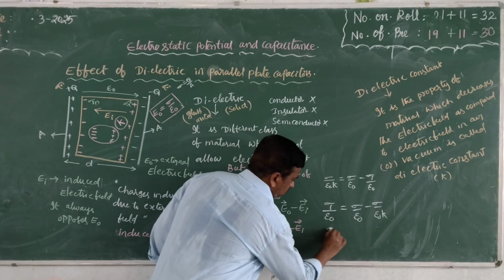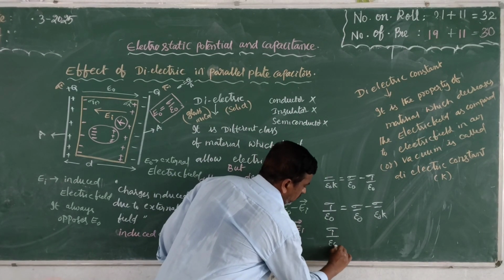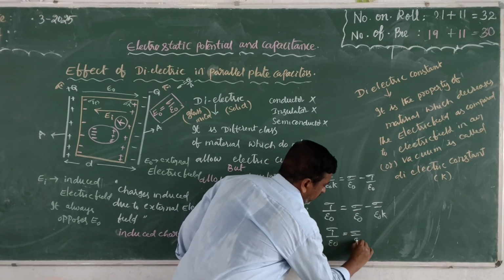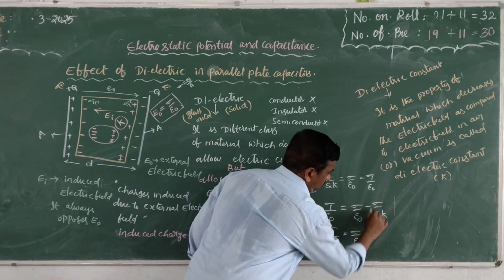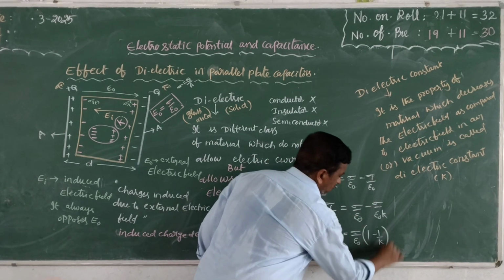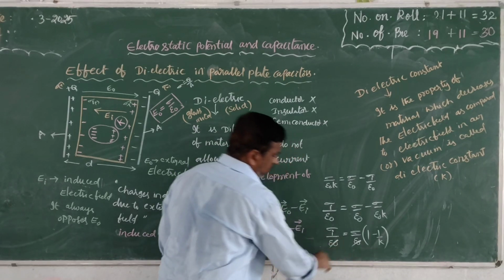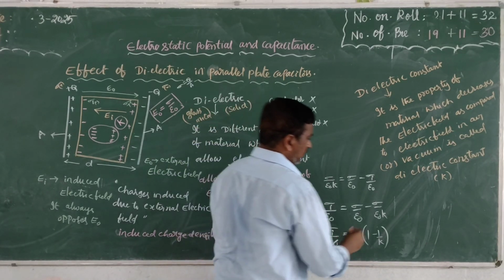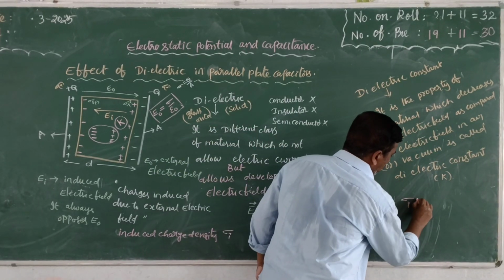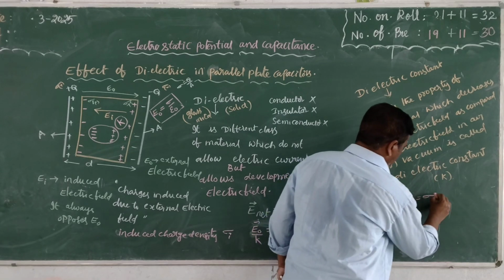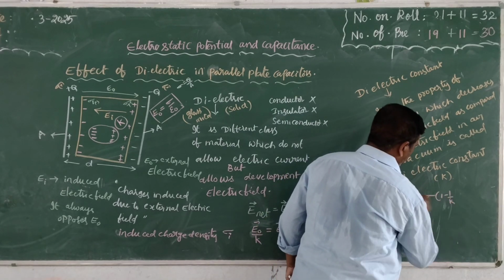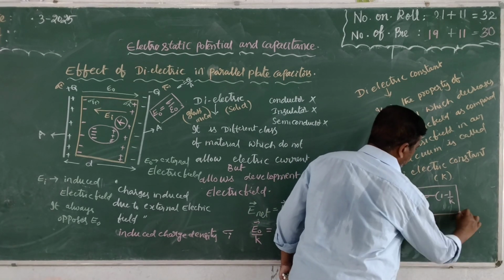Here sigma by epsilon naught is common: 1 and 1 by K. Epsilon naught cancels. What we get is sigma I equals sigma into 1 minus 1 by K. It is the induced surface charge density.